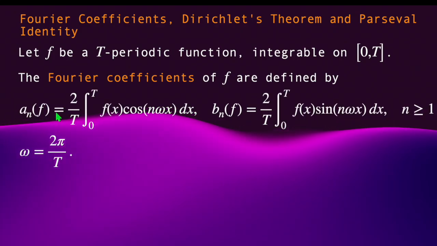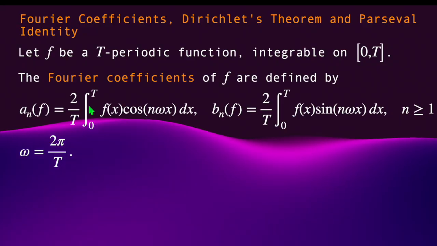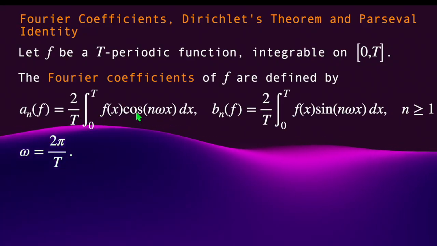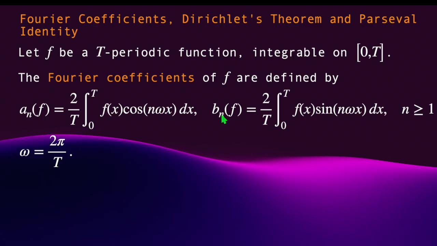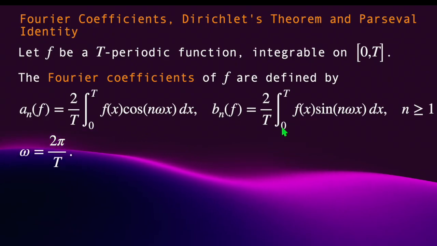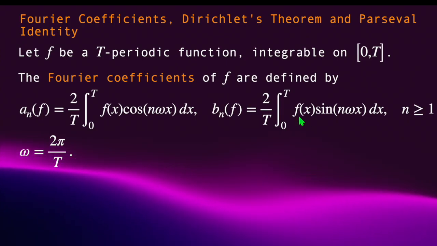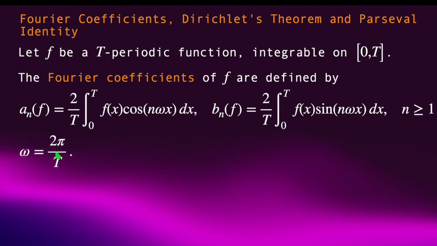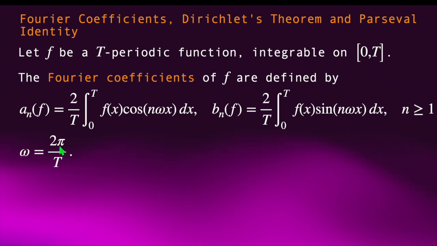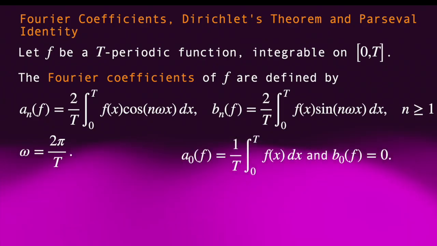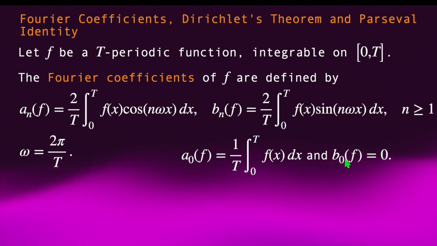So a_n(f) is 2 over T times the integral of f(x) cosine n omega x, and b_n(f) is the integral of f(x) sine n omega x, where omega is 2 pi over T. And for n equal to 0 we have a_0(f) equal to 1 over T times the integral of f, and we always have b_0(f) equal to 0.